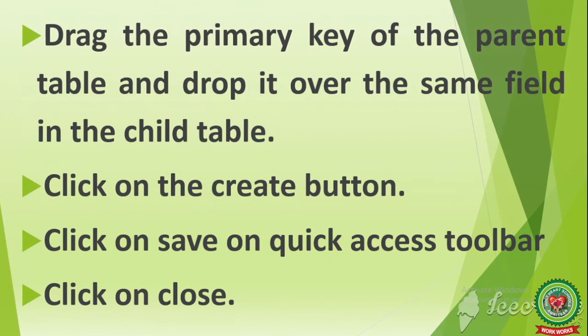Drag the primary key of the parent table and drop it over the same field in the child table. Click on the Create button. Click on Save on Quick Access toolbar. Click on Close.